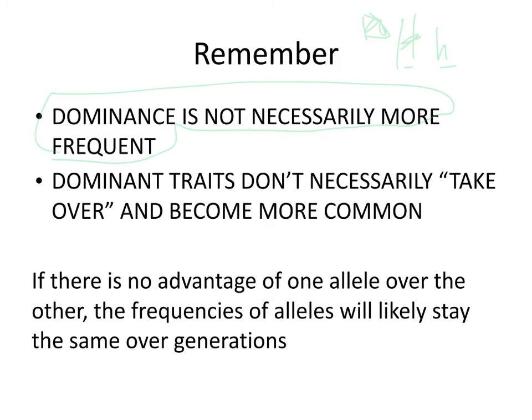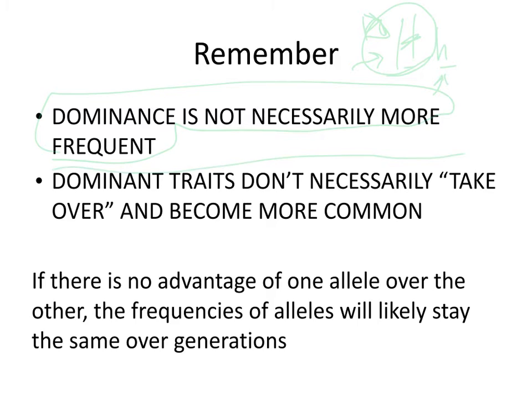So hexadactyly is having 6 fingers. Being 6-fingered is dominant to being 5-fingered. But clearly the vast majority of people on this planet are 5-fingered. It's a very rare mutation to have hexadactyly. But what it does mean is if you do have the hexadactyly gene, you will have 6 fingers. That's a certainty. So it is not necessarily more frequent, but when it's there, it shows up in the phenotype.